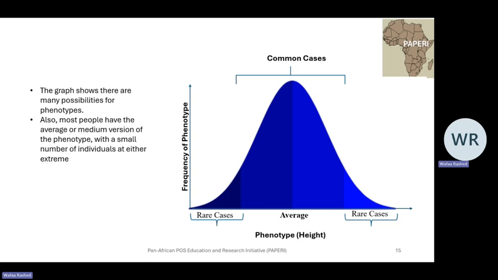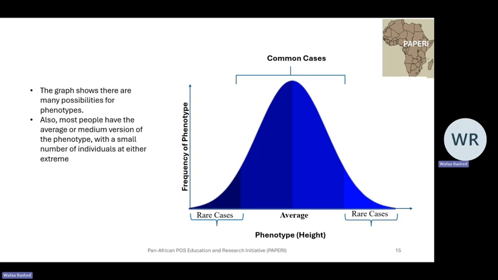Let me show you this here. This is the normal distribution, bell shape. The graph shows there are many possibilities. Most people have the average or medium. If we consider the y axis for frequency of phenotype, 10 to 20 and so on, and the x axis is the phenotype in feet, for example between 60 and 80, the average may be 70.